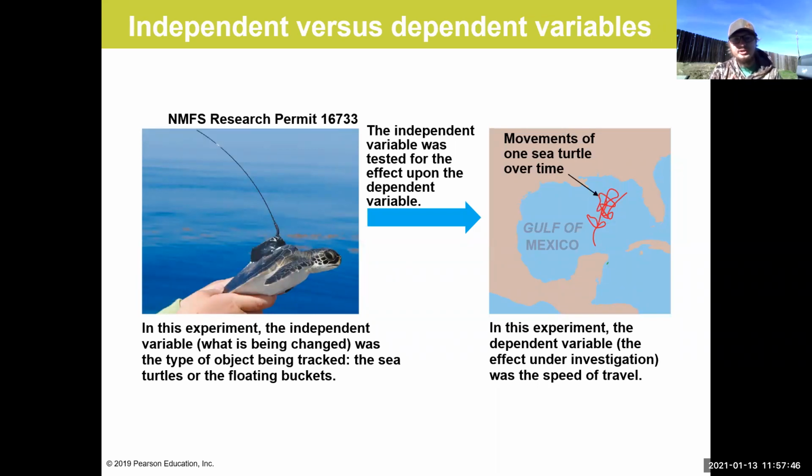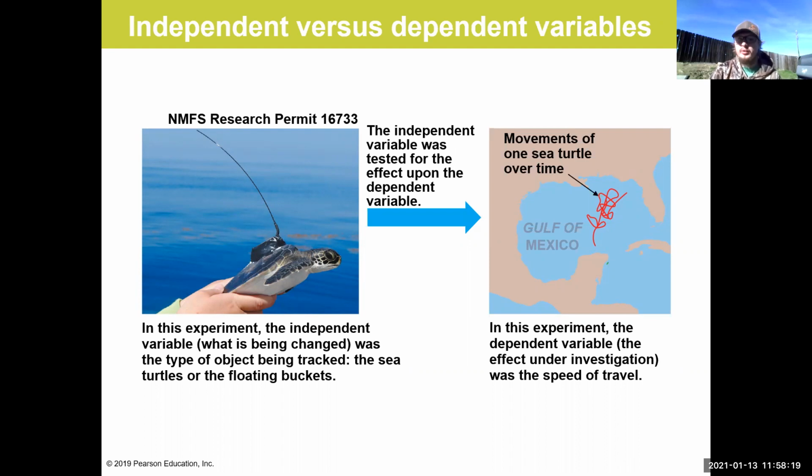In this experiment, the independent variable is the variable that's being changed, and the variable being changed is the object being tracked, so whether or not it was a sea turtle or a floating bucket. The dependent variable is the variable that you're interested in measuring or determining, and that is the speed of travel or the direction of travel.